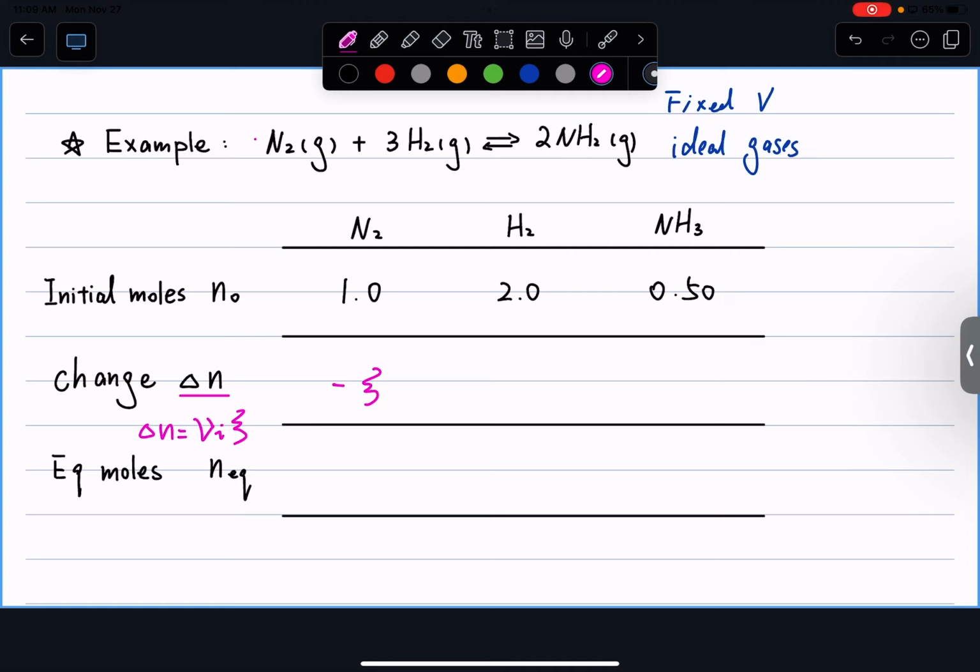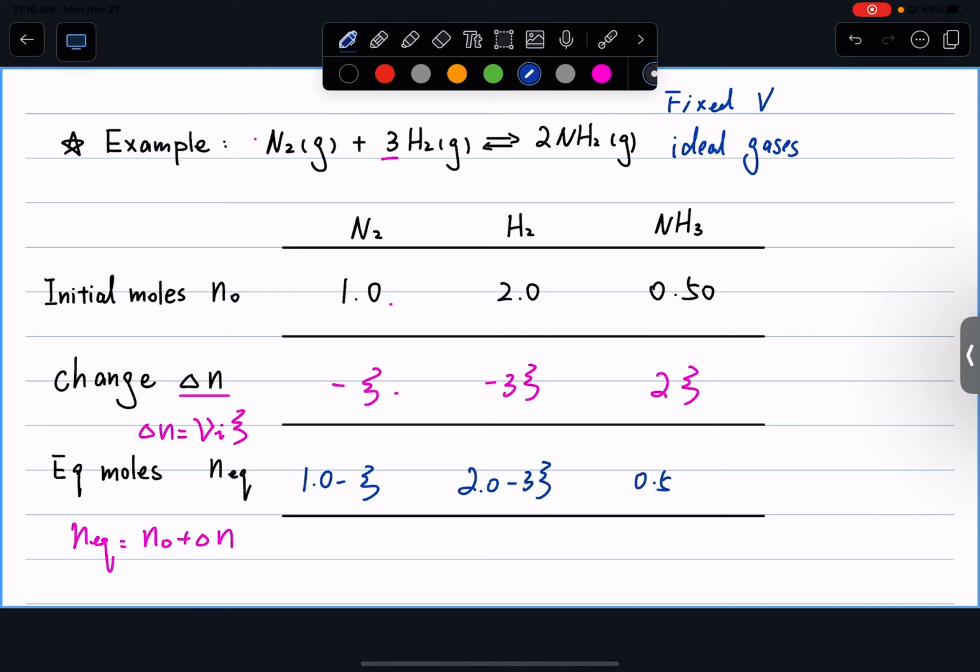For hydrogen, your stoichiometric coefficient is -3. It's a reactant, so it's a negative number. So that's -3 xi. For NH3, the stoichiometric coefficient is 2. So that becomes 2 xi. And your final number of moles of species at equilibrium, so N equilibrium equals N naught plus delta N. So that becomes quite obvious, right? You just plug these two numbers together to get 1.0 minus xi, 2.0 minus 3 xi, and 0.5 plus 2 xi.